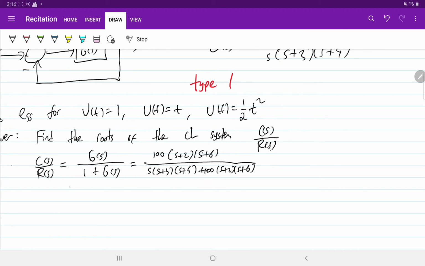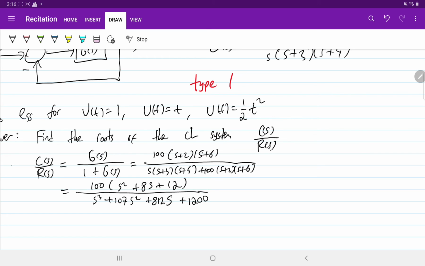And this is equivalent to 100 times (s squared plus 8s plus 12), and the denominator is s cubed plus 107 s squared plus 812 s plus 1200.